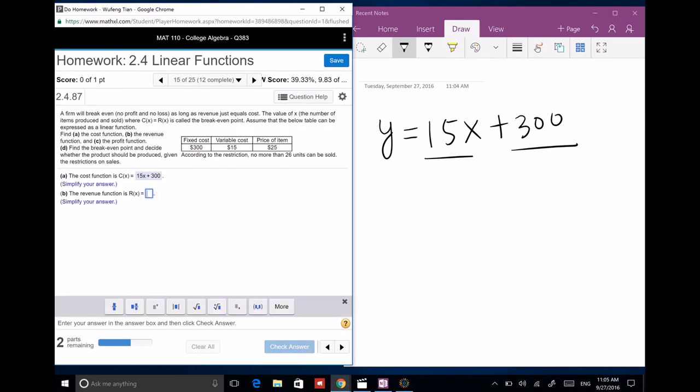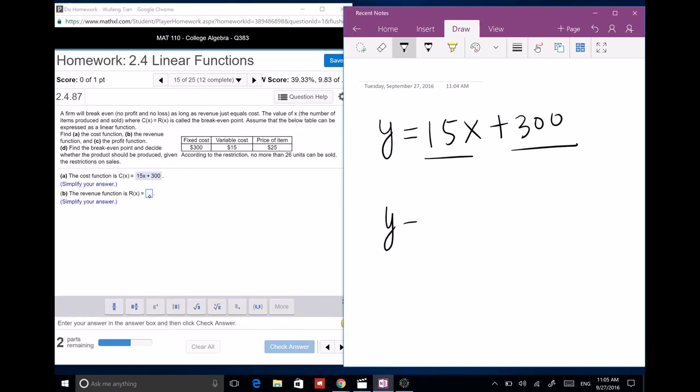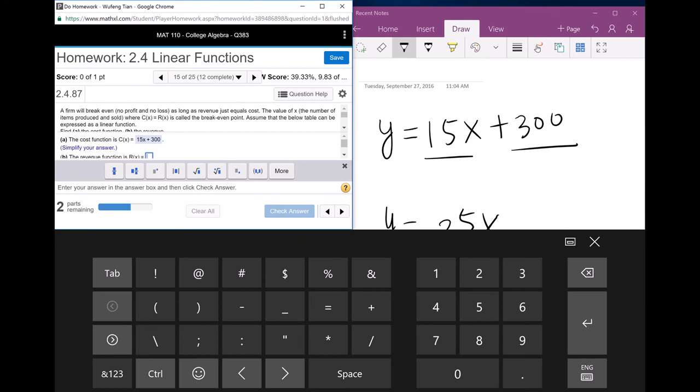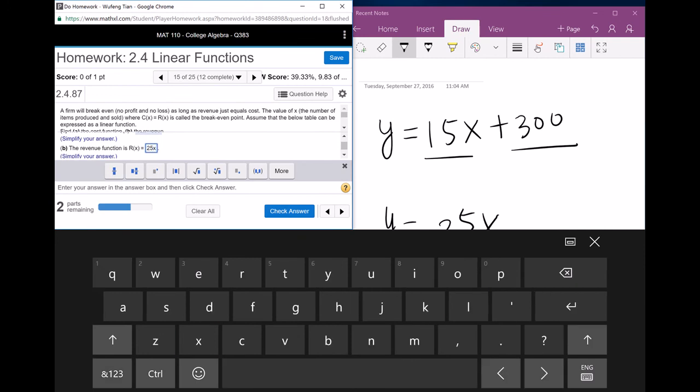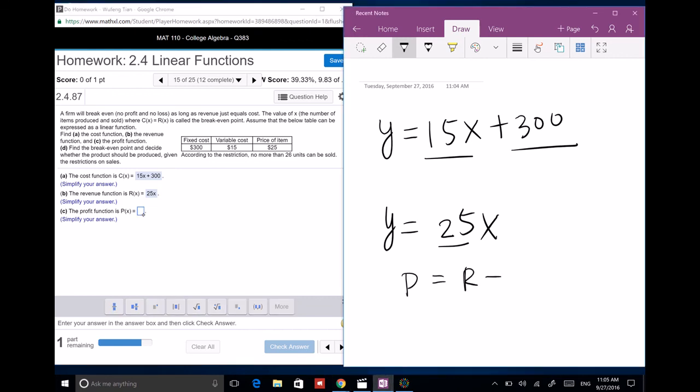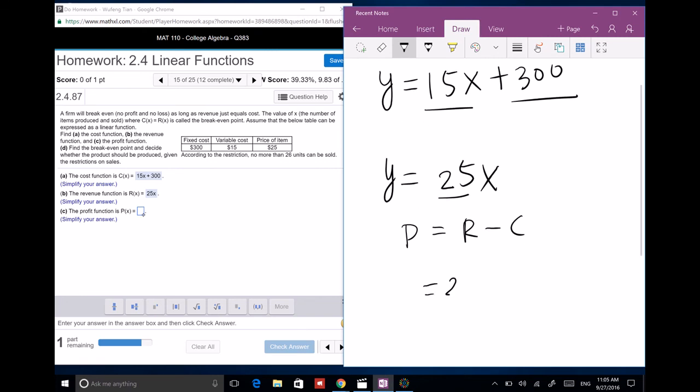And the revenue function equals 25x, because each one you sell for 25. The profit function equals revenue minus cost. So it equals 25x minus the cost function, 15x plus 300.